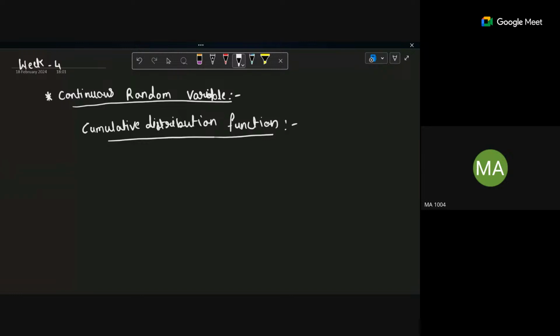So for CDF, we generally denote CDF by capital F of X, right? What is CDF?